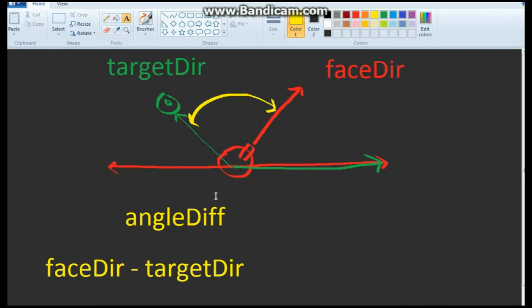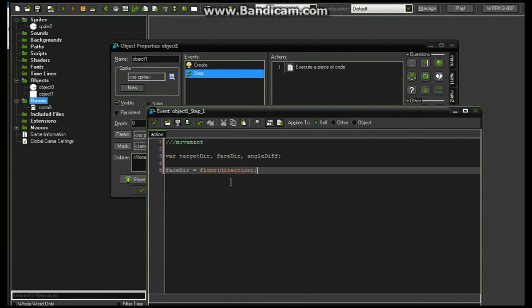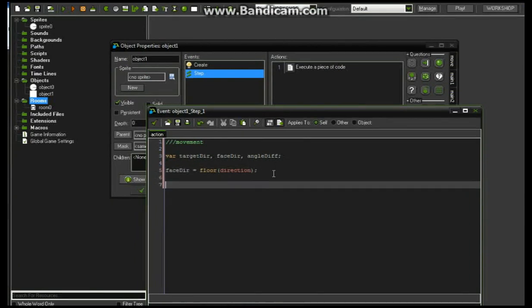Alright, so let's go back to here, and now we say our target direction is going to equal a built-in GameMaker function called point direction. It says our target's direction is going to be from our position to our target's position, which in this case is just the mouse cursor. That's our target.